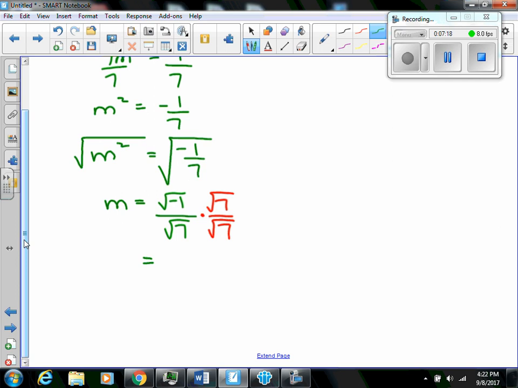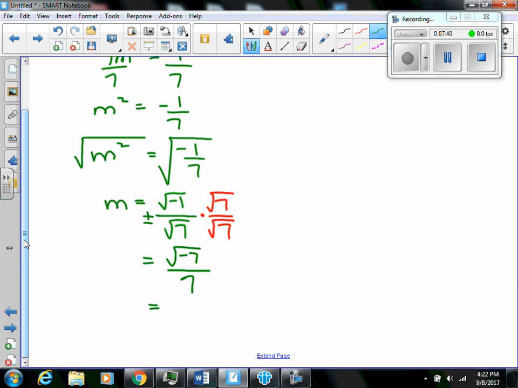I'm sorry, I forgot to put my plus or minus over here. Don't you forget your plus or minus. If I multiply straight across the top, I'm going to have the square root of -7 divided by the square root of 49, which we know is 7. Now I'm almost done. I cannot leave that negative underneath the radical.